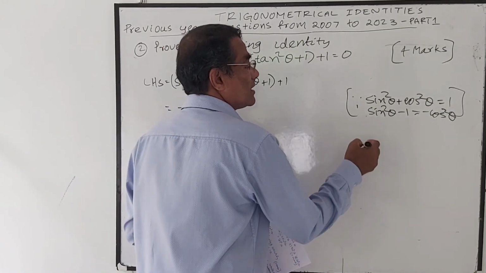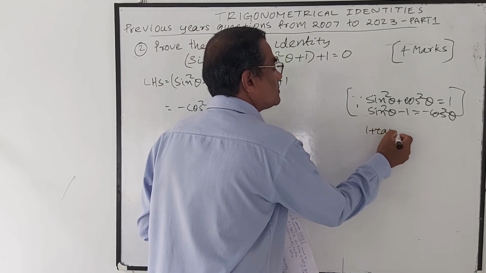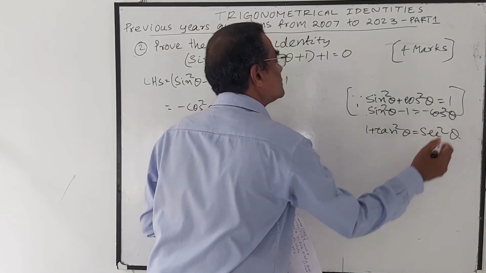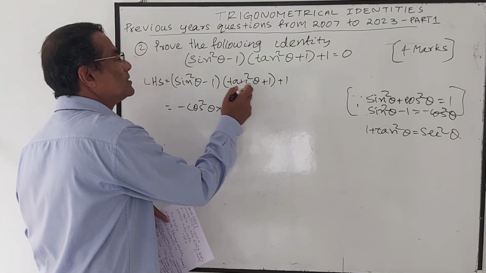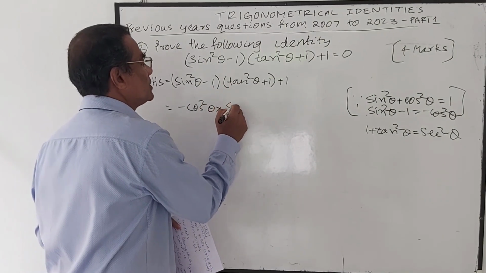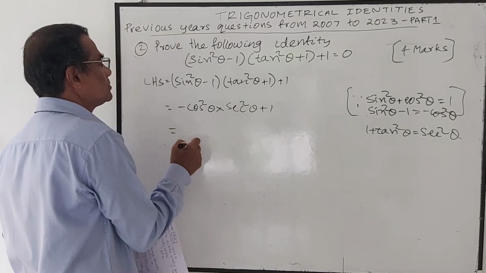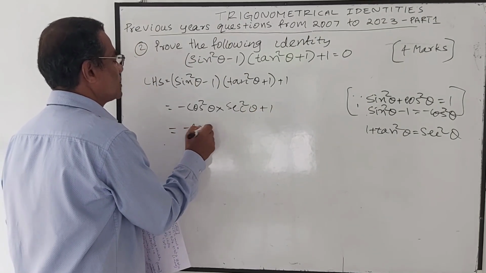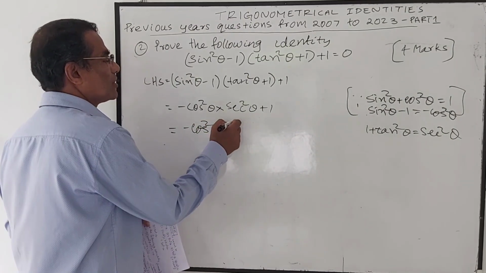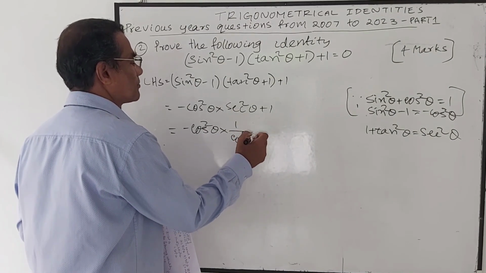the identity 1 plus tan square theta equal to sec square theta. So this is 1 plus tan square theta. Instead of that I am writing sec square theta, plus 1 equal to minus cos square theta into sec square theta, which I am writing as 1 by cos square theta, plus 1.